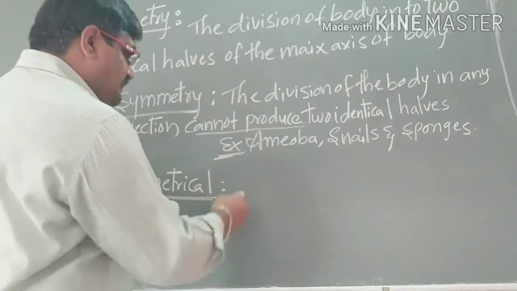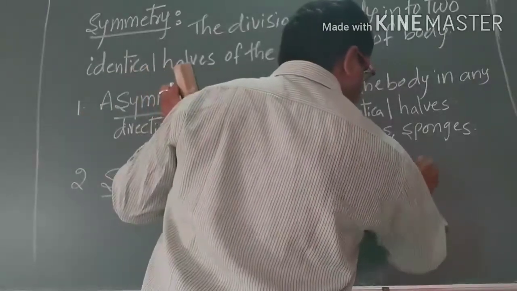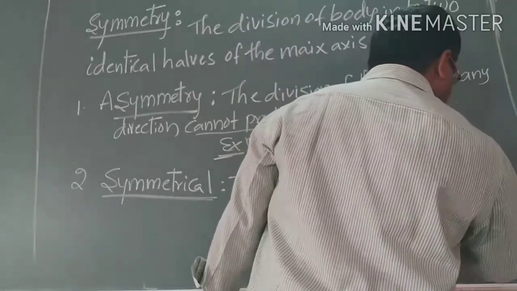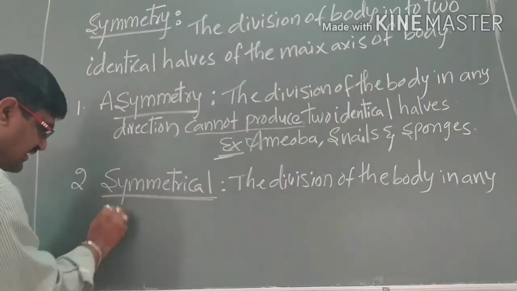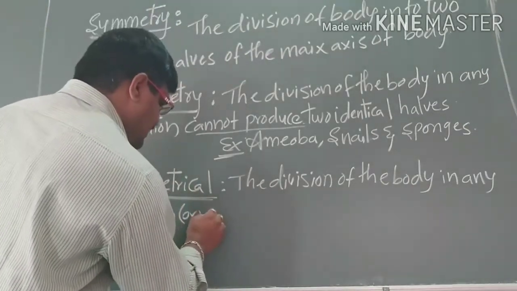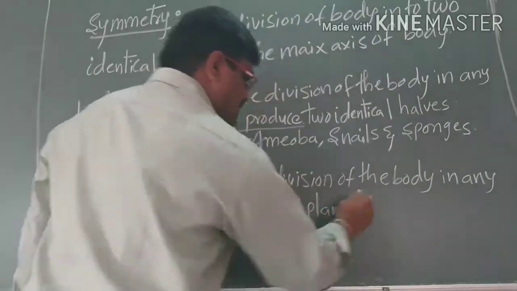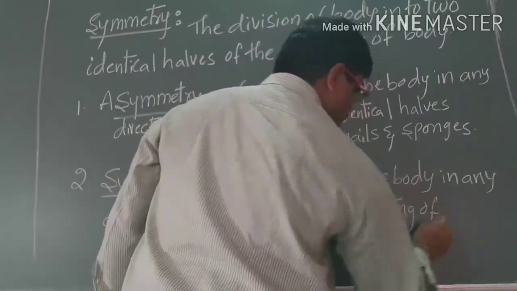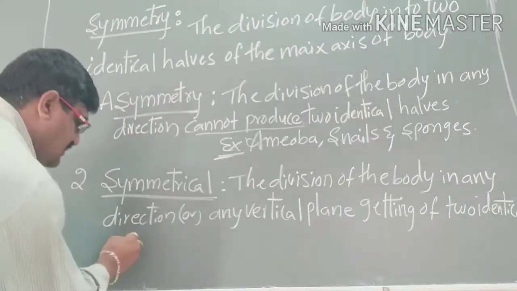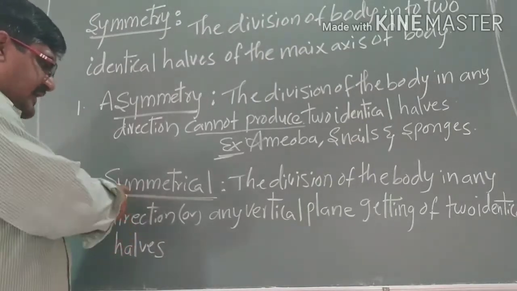That means the division of the body in any direction, or any vertical plane, getting two identical halves, then it is called symmetrical.